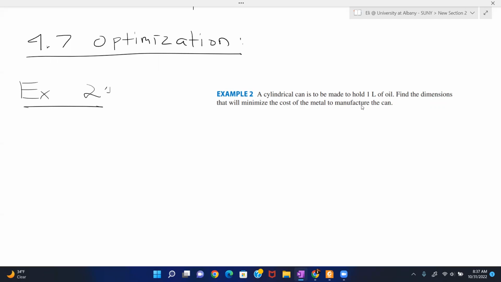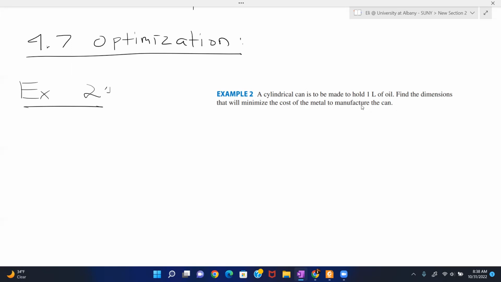And you can imagine that there's probably a lot of different ways to construct a cylindrical can that will hold 1 liter of oil. It could be really short but wide, or very tall but narrow, and some of these might cost more than others. In this case, cost more means requires more material. So we don't really care about the specific cost of these materials.